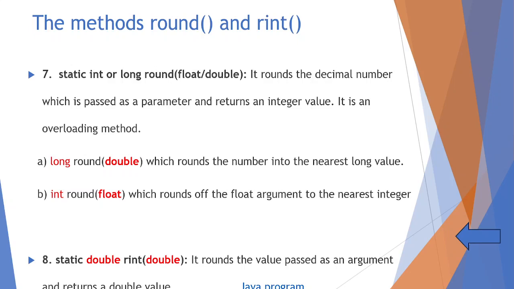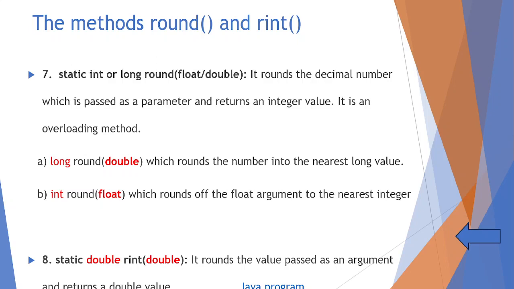And if we pass a float number, 99.4 or something like that, it rounds off and returns the nearest integer. So double and float will be converted to long and int and rounded off.